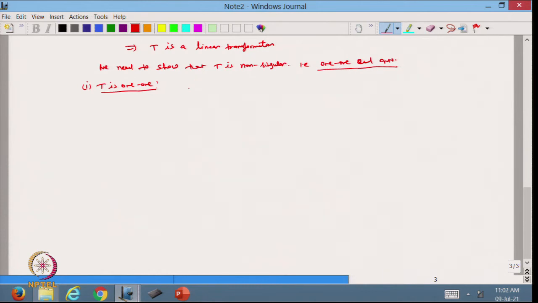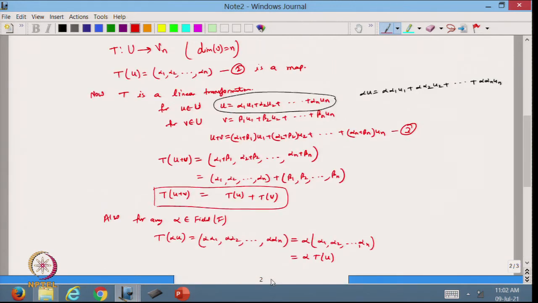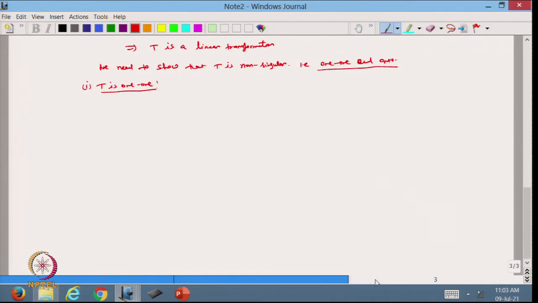For this one, what I am going to do is show that the null space of T will contain only the 0 element. So, that is what I am going to show you from this one. Now, T is 1 1 because I will take the element with T u equal to 0.